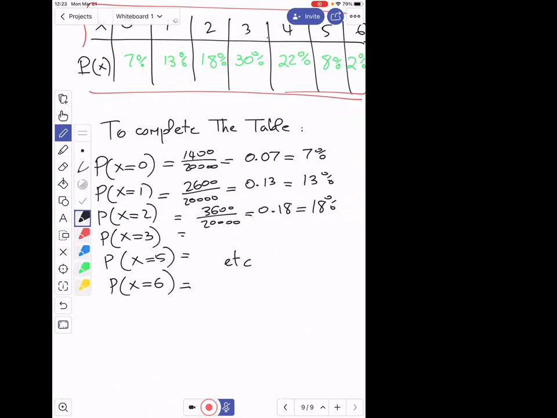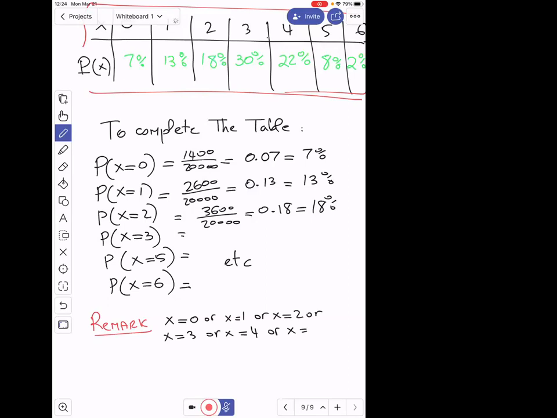Just write down this remark. x can be 0, or 1, 2, 3, 4, 5, or 6. So that's a finite number of values, right?